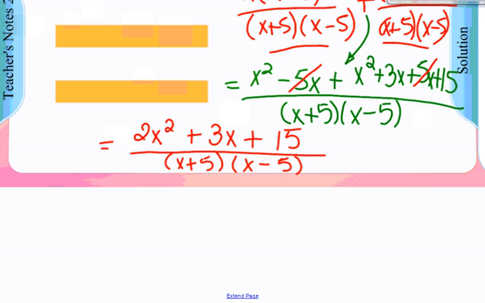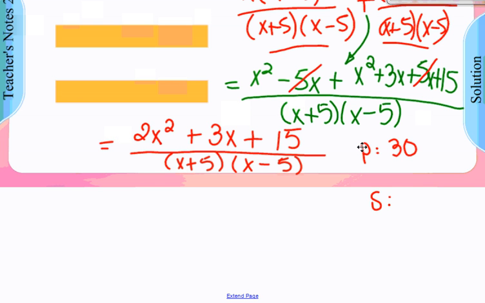And again, we check to see if we can factor the above expression. Okay, and to do so, we have one of those kind of advanced factorization problems here. We can think, okay, we've got 2 times 15, that's our product, which is 30. Our sum is going to be the coefficient of 3x, or just 3.